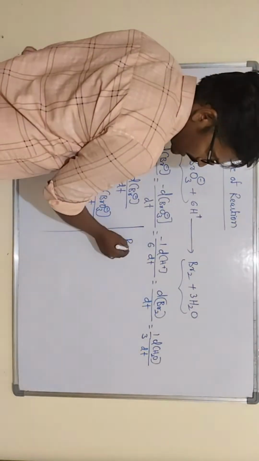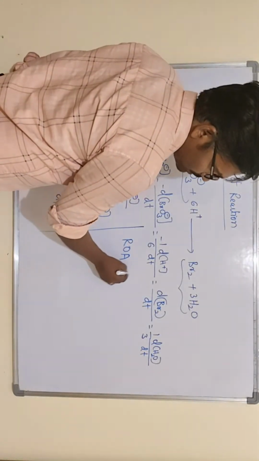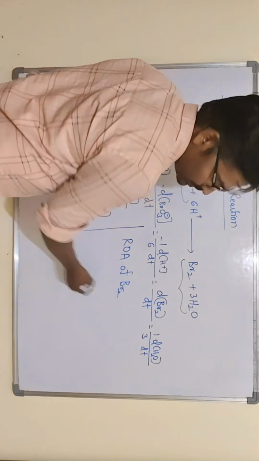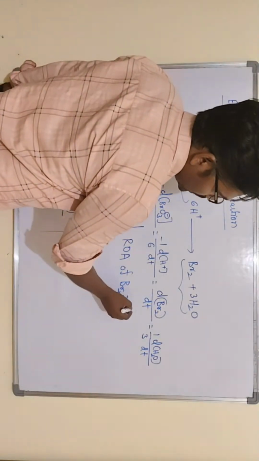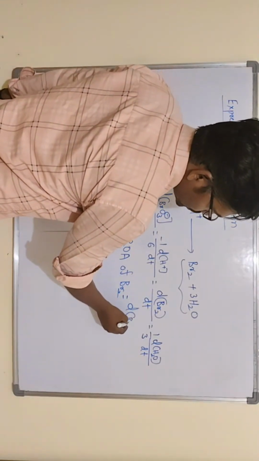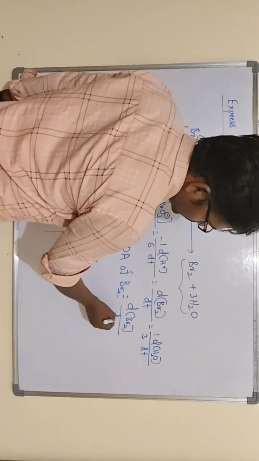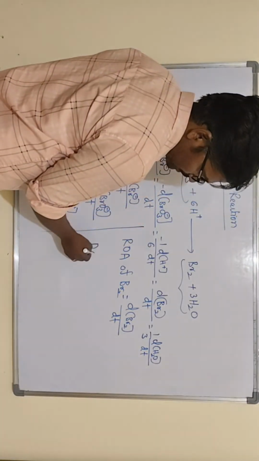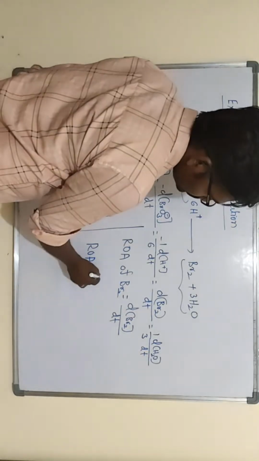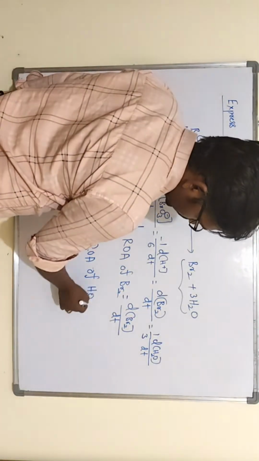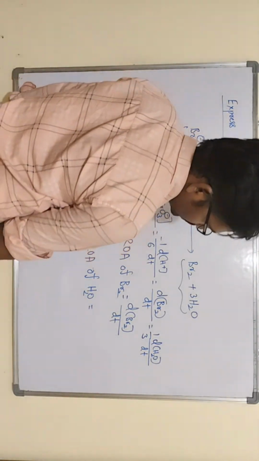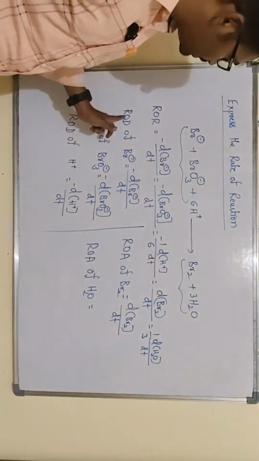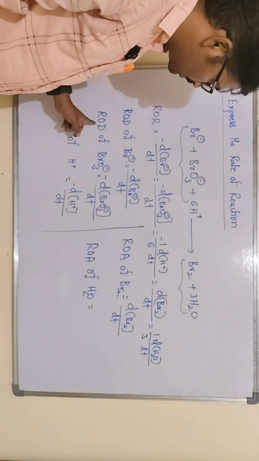Then the rate of appearance of Br2, how can you take it? dBr2 concentration divided by dt. Then the rate of appearance of H2O, if you want to take it, look at the rate of disappearance of Br minus, BrO3 minus.